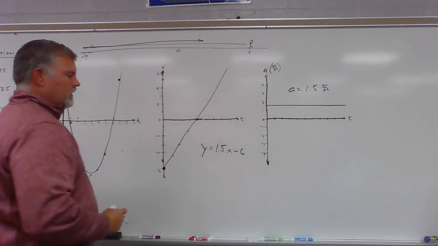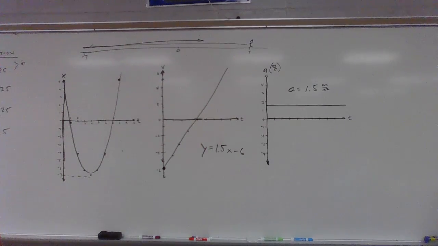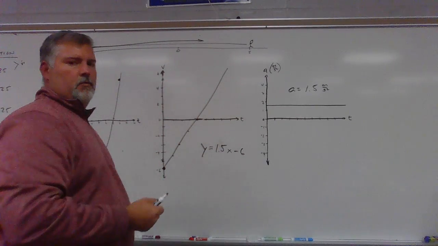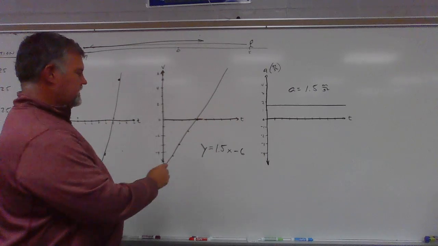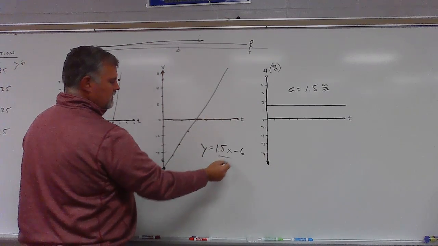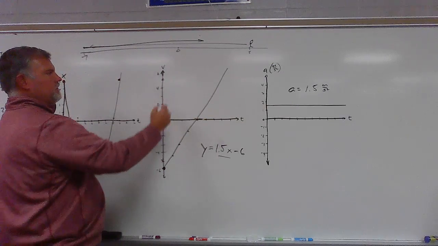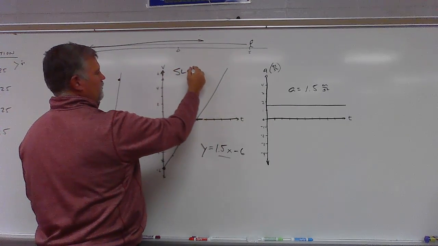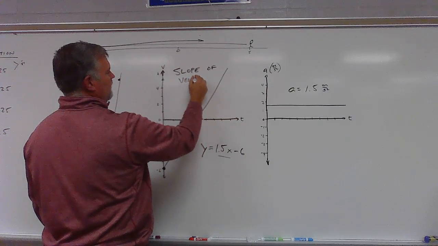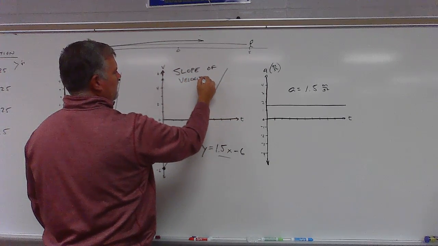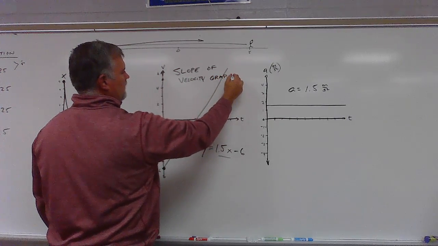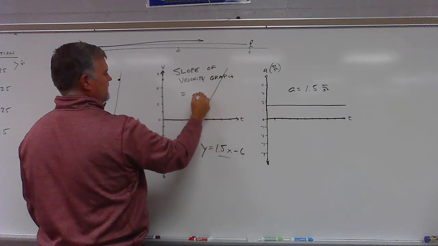You could take a derivative and come up with that acceleration over there, or we can just know that the slope of a velocity-time graph is an object's acceleration. So, slope of a velocity graph equals object's acceleration.